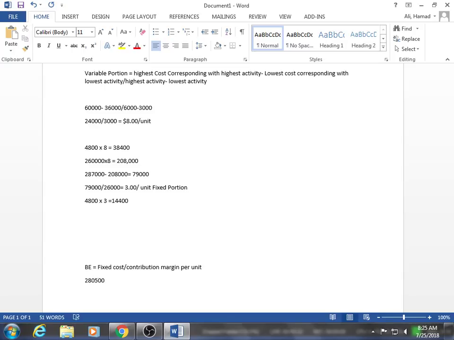285,000 divided by the unit contribution margin, which is the sale price minus variable cost. What is the sale price in this case? $30 minus the variable cost. It says 8 and 12.